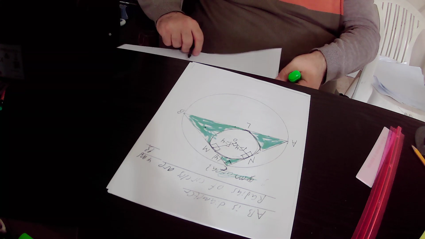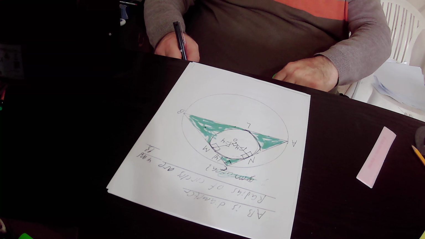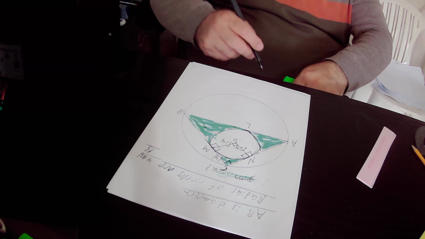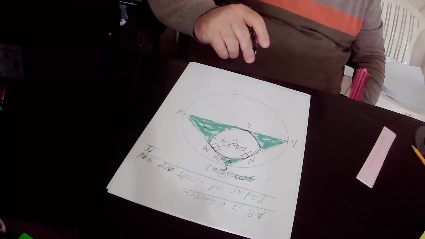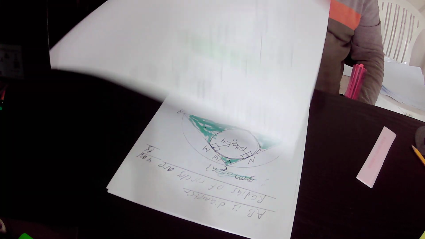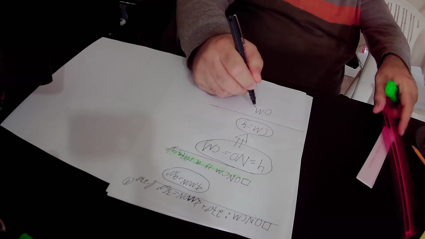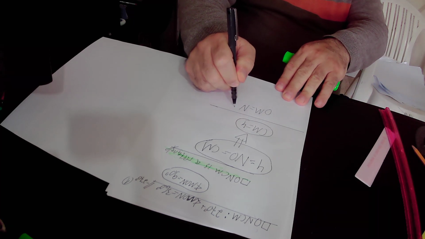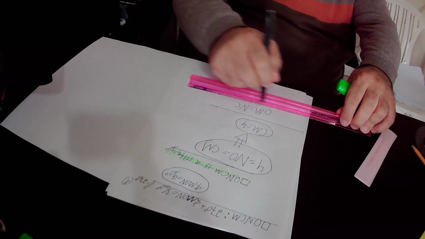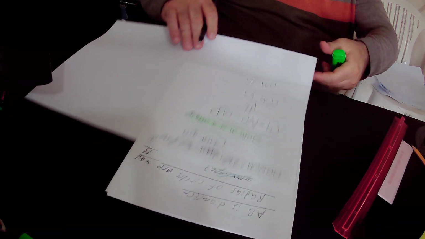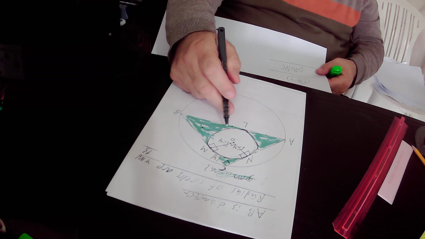Likewise, according to the rule that the opposite sides of a rectangle are equal to each other, we get that OM equals NC. But we've already found out that OM equals 4 units.